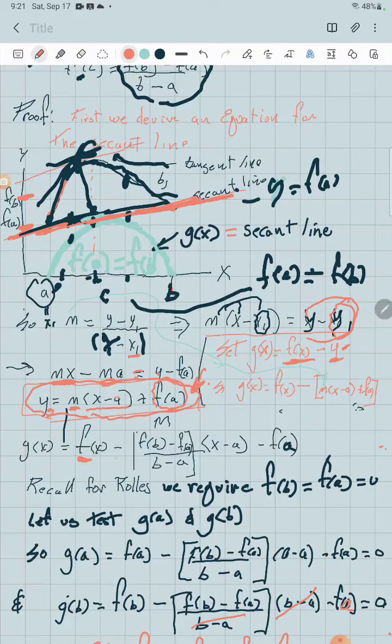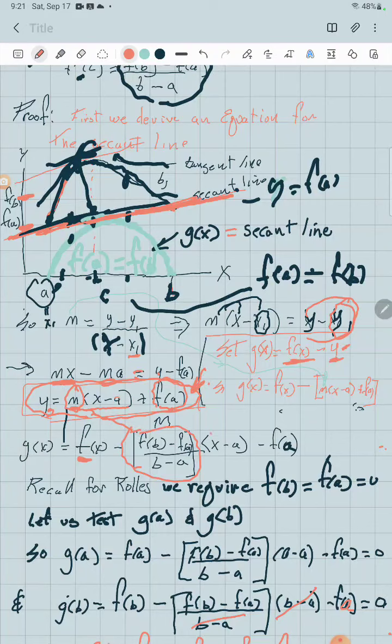Now, the slope of the secant line is simply rise over run. So I changed this m to this slope equation, evaluating at the endpoints.